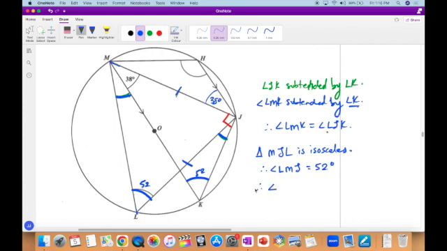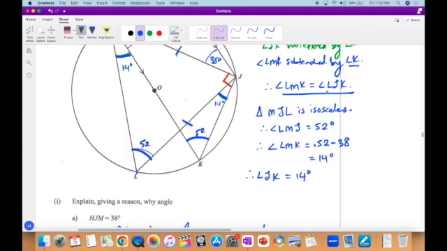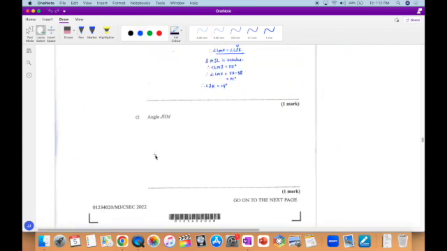Therefore, the angle LMK will be 52 minus the 38. So 52 minus 38 is 14 degrees. So once we get this as 14 degrees, therefore this will also be 14 degrees. Therefore LJK is equal to 14 degrees, and we already stated why, because these two are equal.